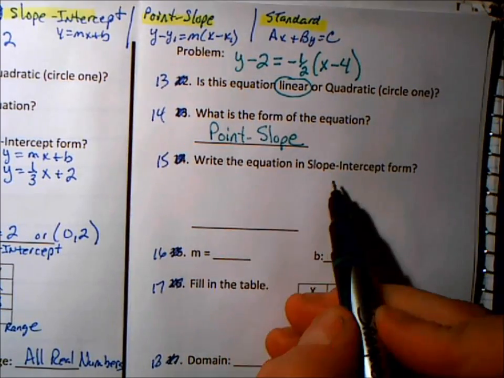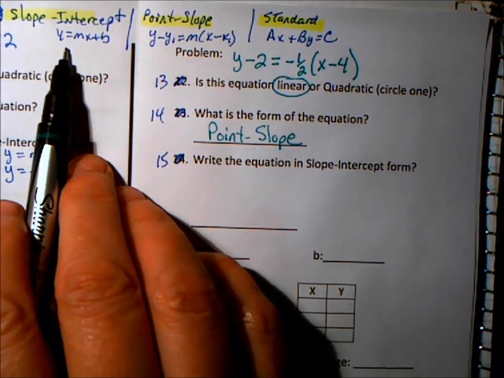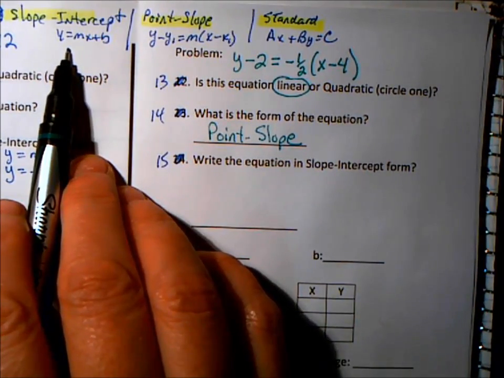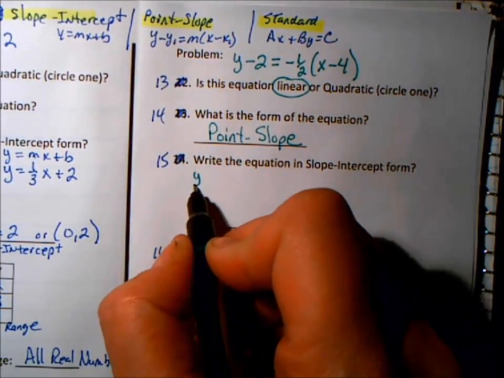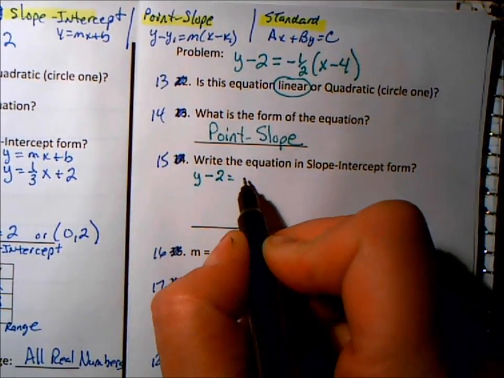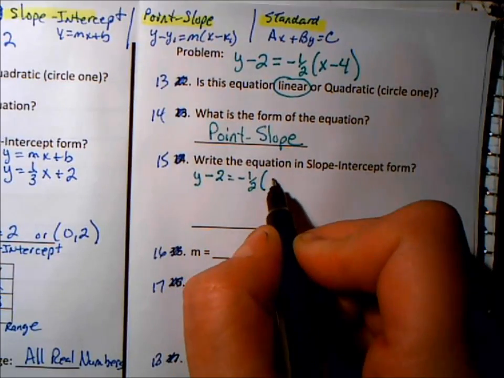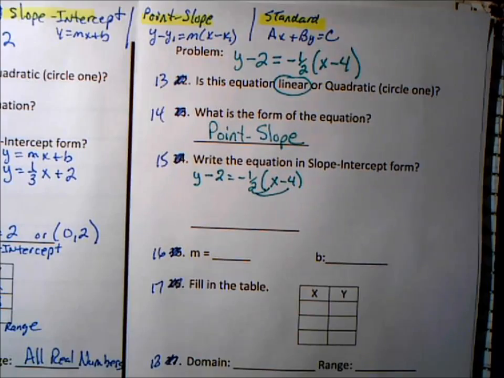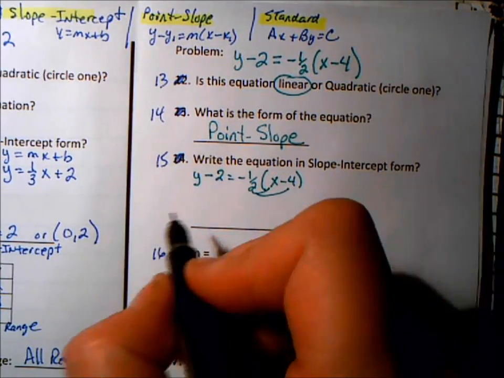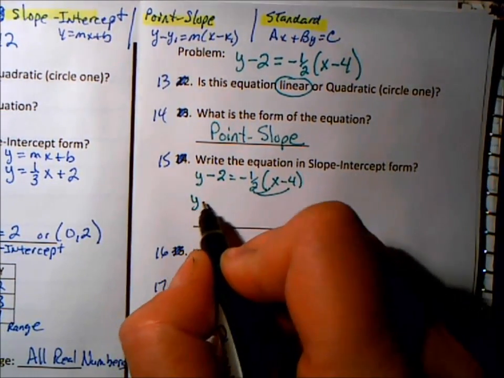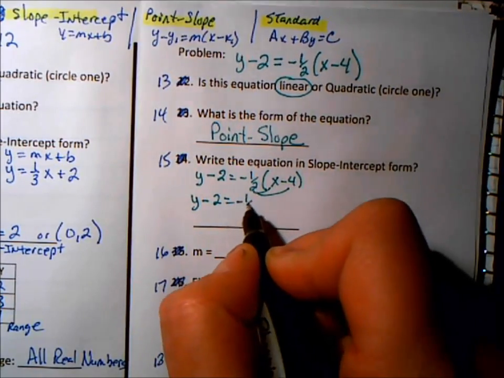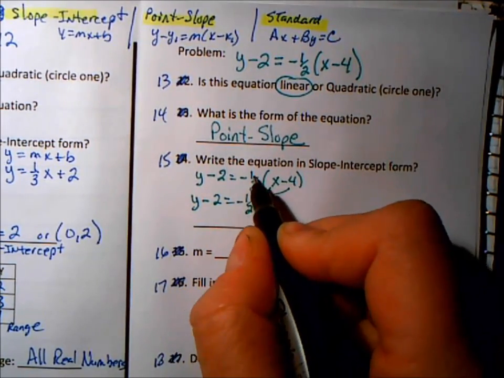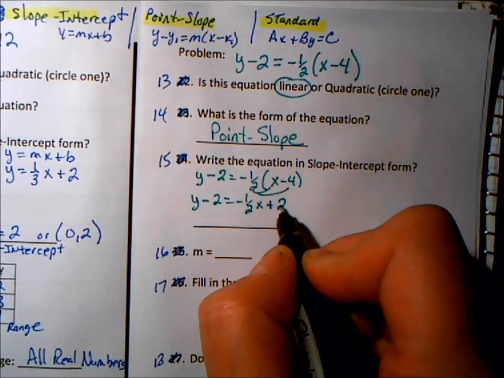On 15, they want me to rewrite it in slope intercept form, so they want me to get y by itself. If I take my equation and rewrite it, I want to distribute that negative 1/2 into the parentheses. So I get y minus 2 is equal to negative 1/2 x, and negative 1/2 times negative 4 is a positive 2.